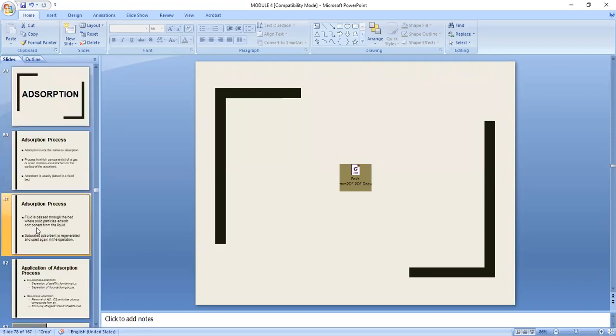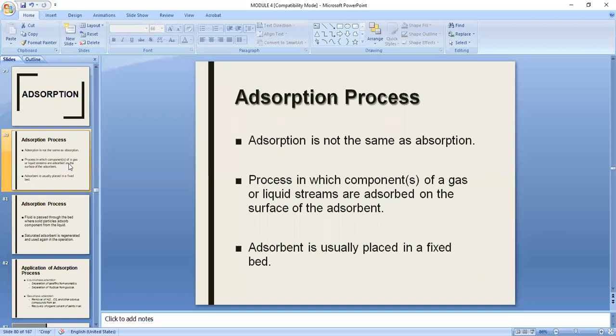Okay, now we go to the last topic here in this set of slides, which is, I think this is not yet the last. This is second to the last. We go to adsorption. So adsorption is not the same as absorption. That is why I discussed this right after absorption. So this is a process in which a component of a gas or liquid is adsorbed on the surface of the adsorbent.